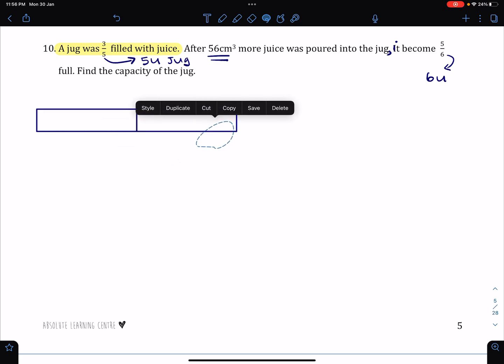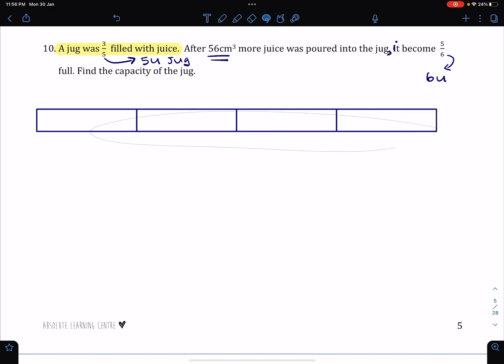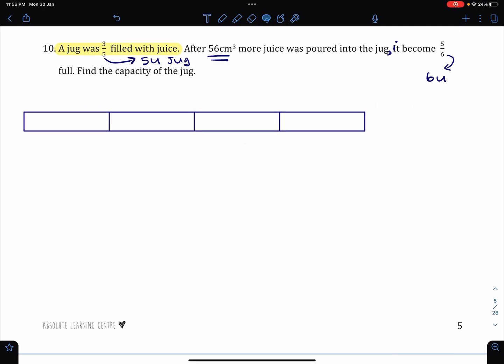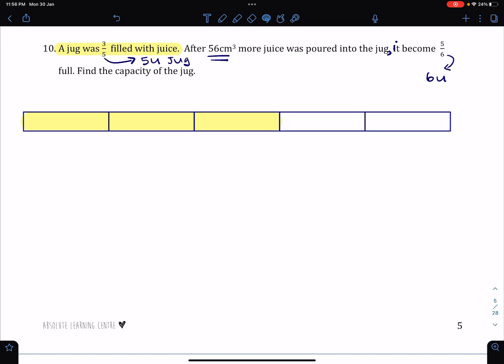So 1, 2, 3, 4. No space. Cannot, too big. 1, 2, 3, 4, 5. And then it was 3/5 filled with juice. Here you go, I'm gonna give you some juice. And then when I add 56 centimeter cube more juice, it became 5/6 filled.